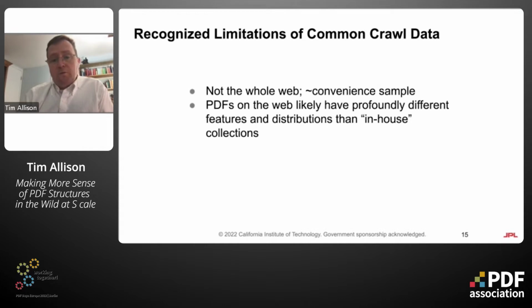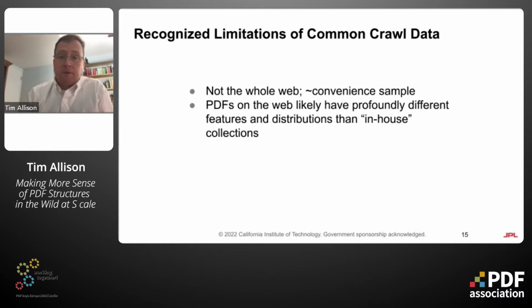So Common Crawl, massive set of data. There are some very clear limitations. One, it's not the whole web. It's a convenient sample. It's whatever Common Crawl could easily crawl and gather. We also recognize that PDFs on the web can have profoundly different features than those that are in in-house collections.